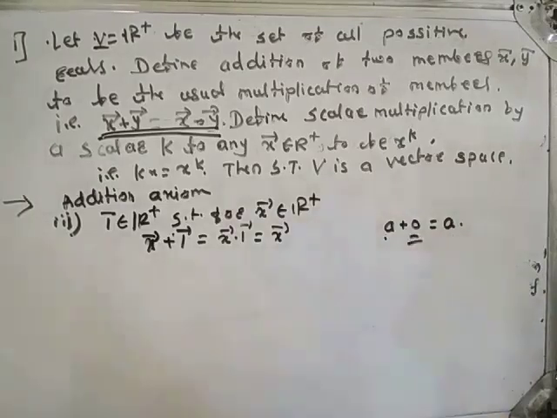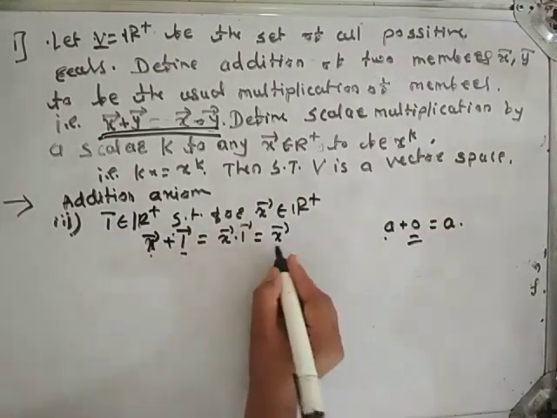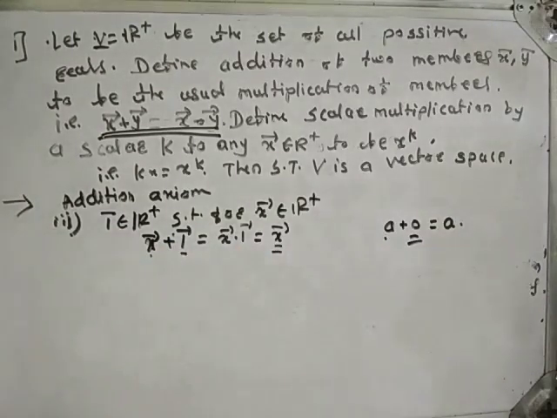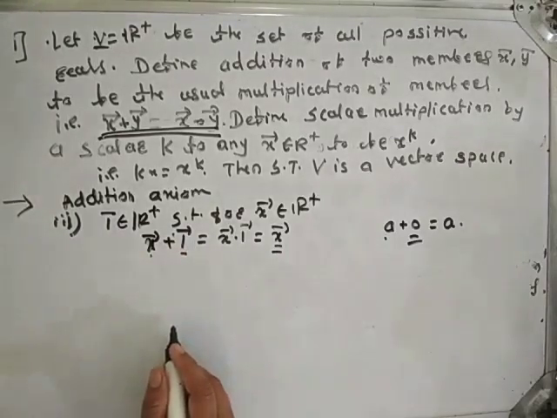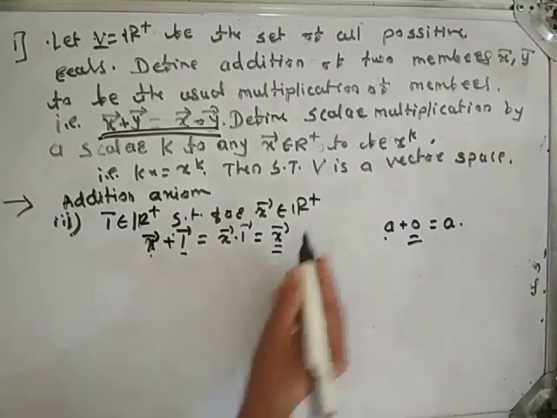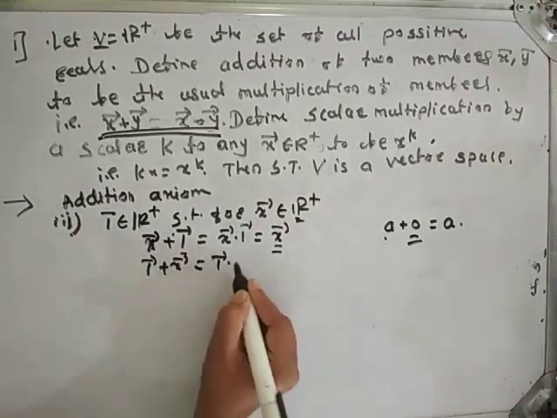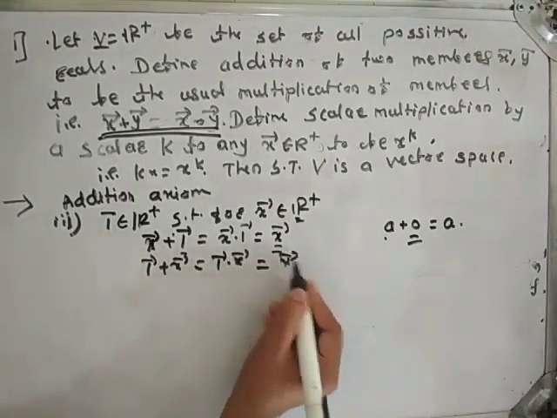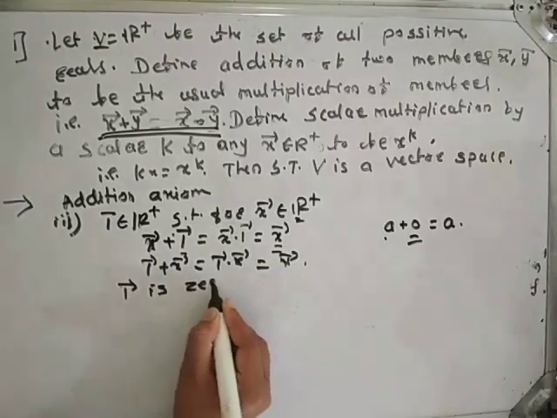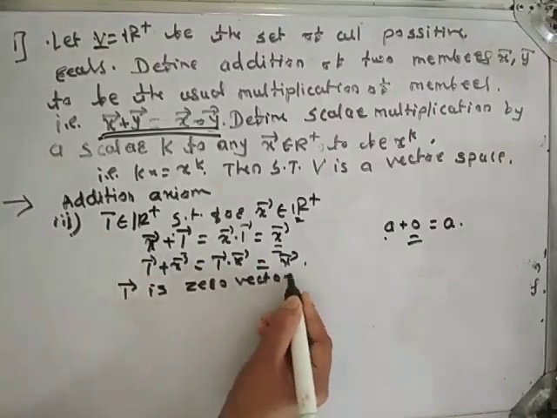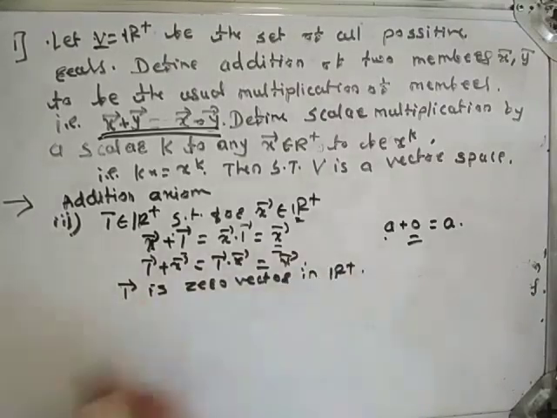Then this is called the zero vector. You see here, if we add 1 bar to x bar, we get x bar, meaning this 1 bar is the zero vector for R plus. Similarly, 1 bar plus x bar is equal to 1 bar into x bar, which is equal to x bar. So this 1 bar is the zero element or zero vector. Element and vector are the same in R plus. Okay.